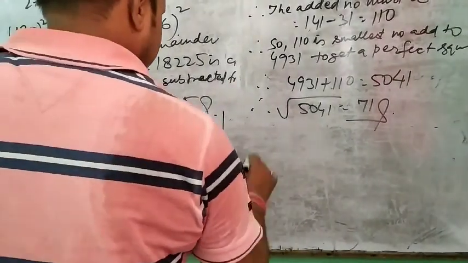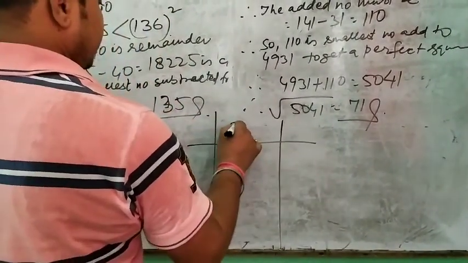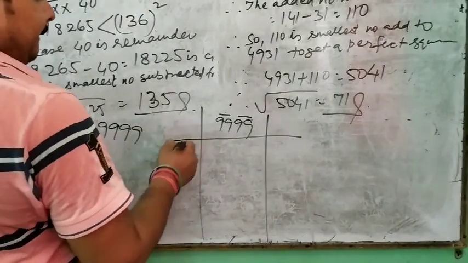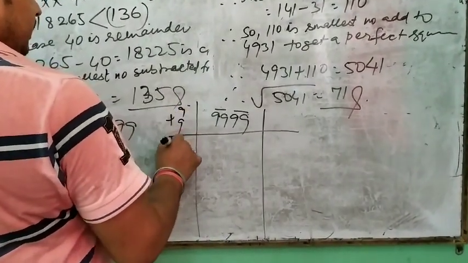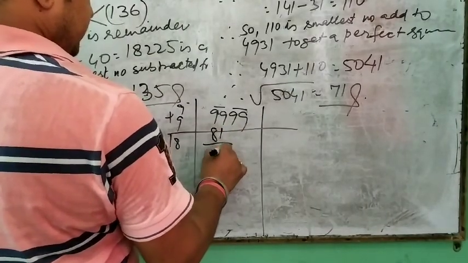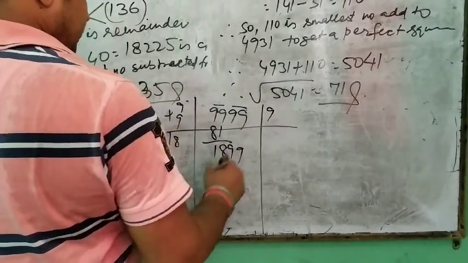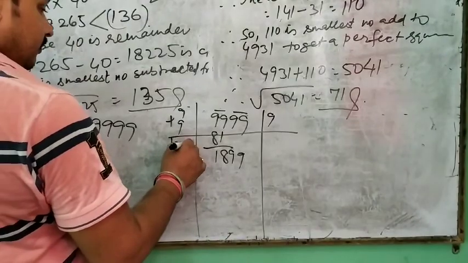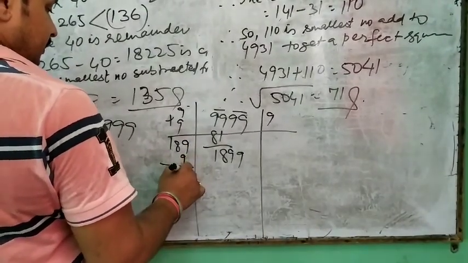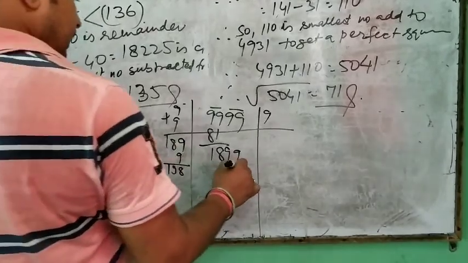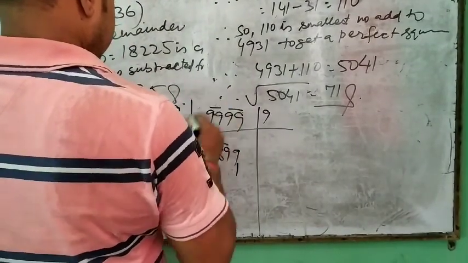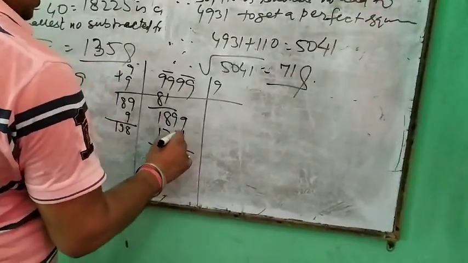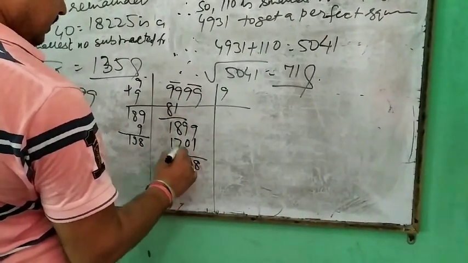So here we can find the square root by the division method. 9 times 9 is 81, and here 99, so it's 9 times 189, 81, 9 8s are 72, subtract it, we got 198.